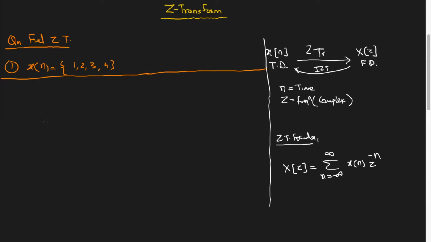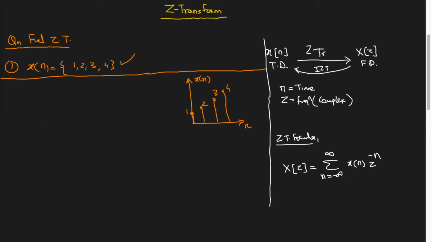So we will be using this formula and solving this question. Now first I want to explain to you how this x of n is going to be. Look, when I want to draw x of n, the horizontal axis is n, and this is the signal x of n, and these values are going to be 1, 2, 3 and 4. Now that's the x of n, the given signal over here.